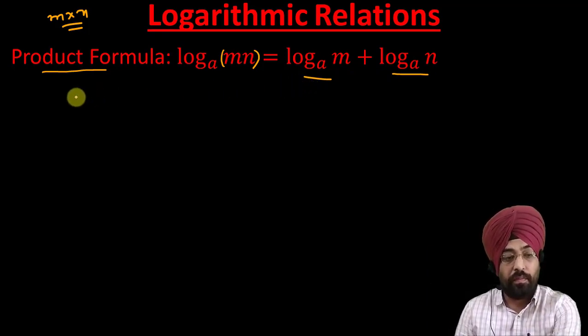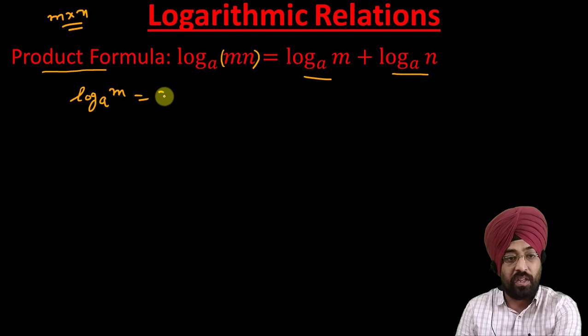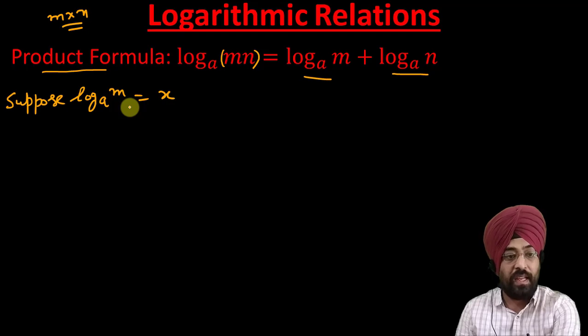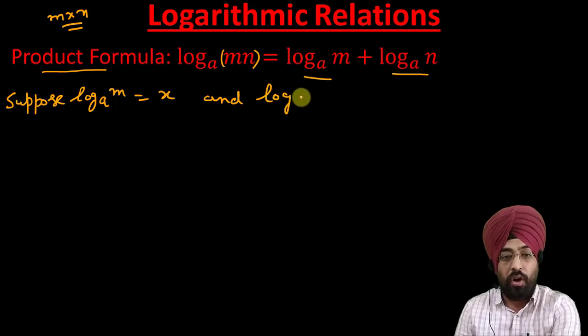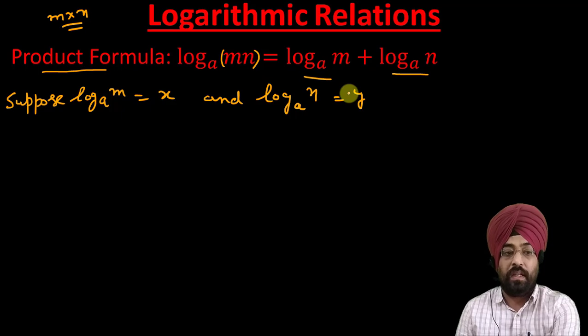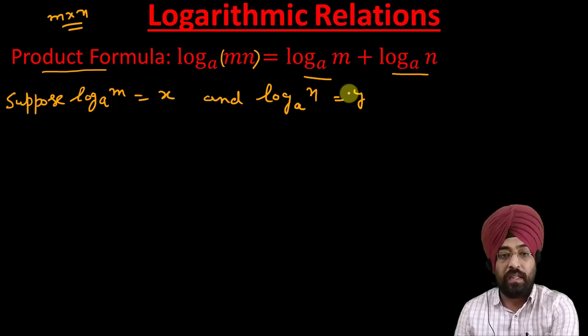In order to prove this, we will assume log of m with base a is equal to x, and log of n with base a is equal to y. Is it clear?